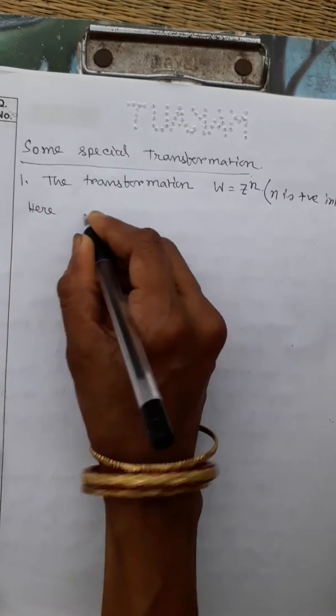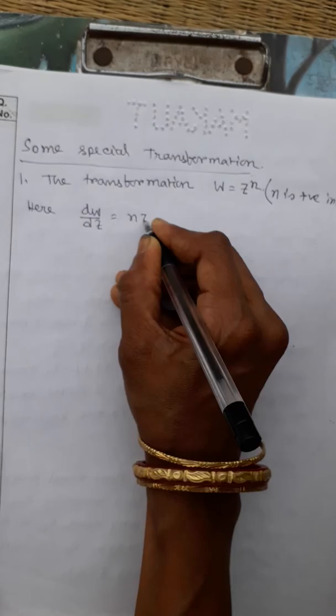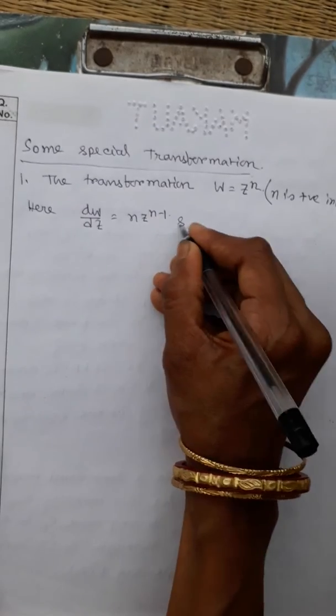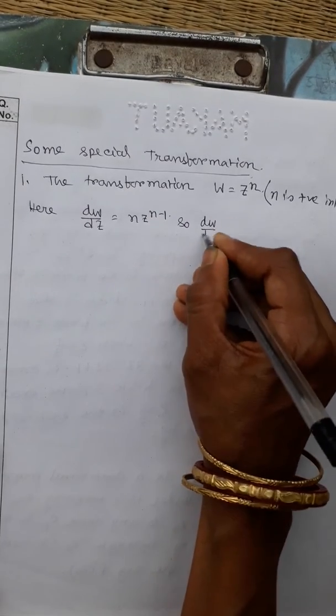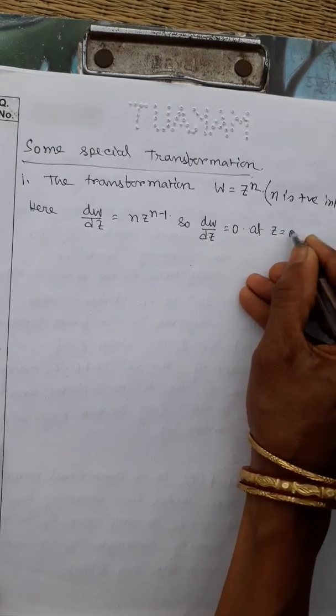Here dw/dz = n z^(n-1). So dw/dz = 0 at z = 0.